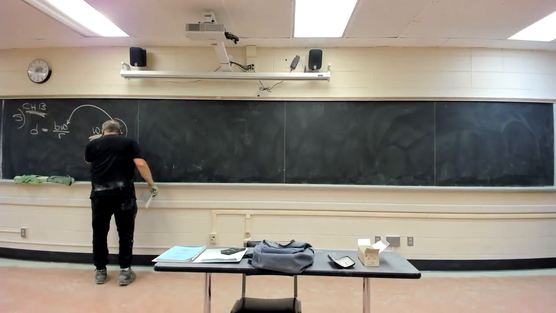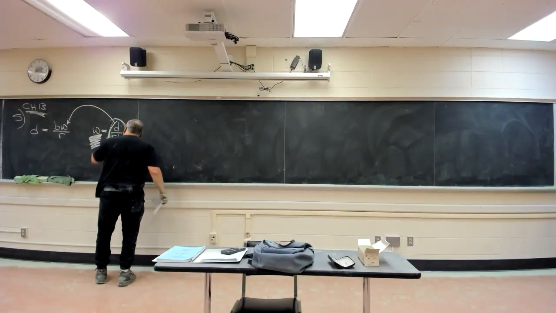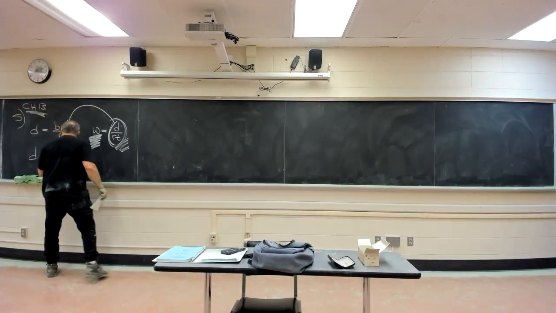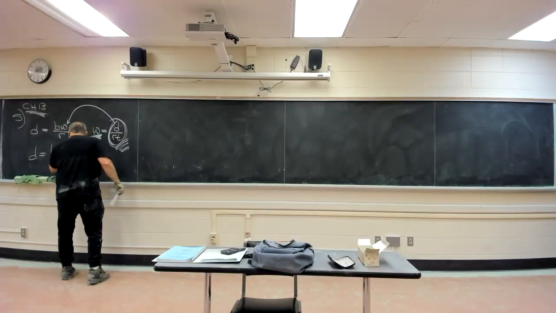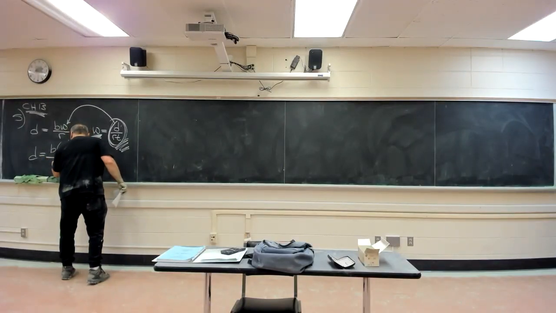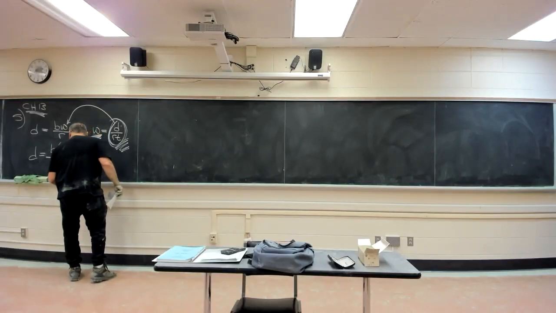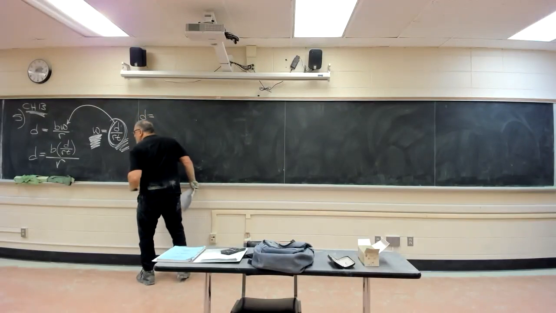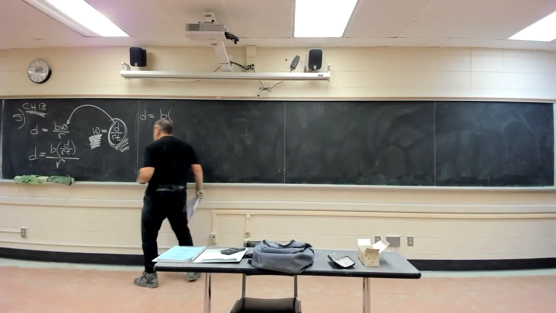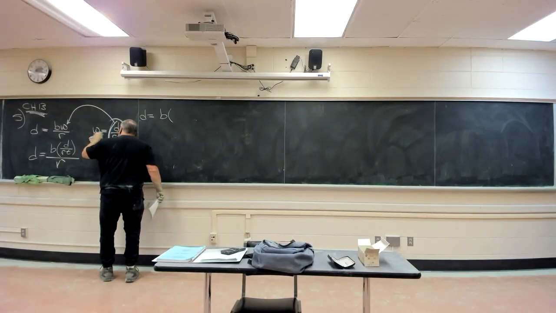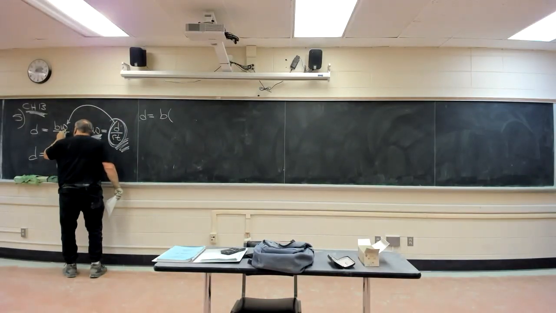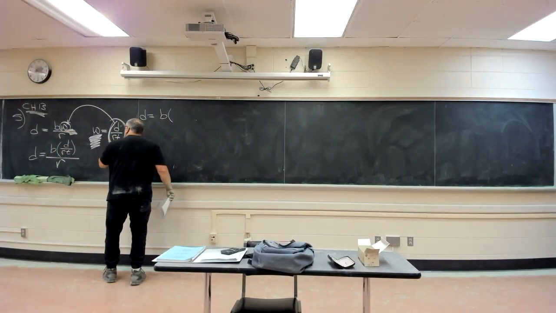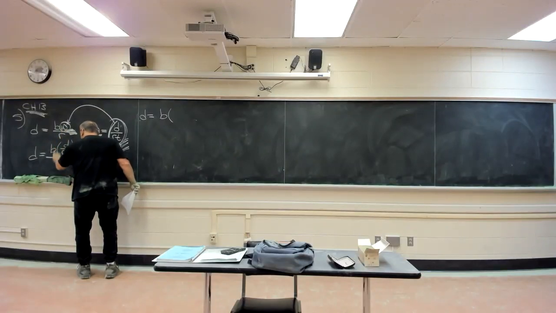Wherever you see a W, put D over RT in place of W. W is D over RT, so we got all this.